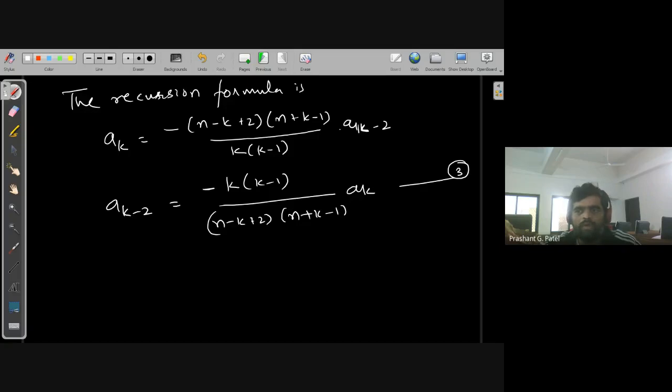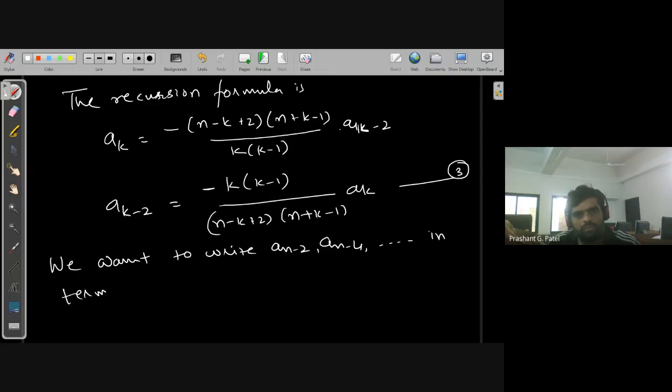Now what is our objective? Our objective is to write down an minus 2, an minus 4, an minus 6, all of them in terms of an. That is our objective. So we want to write an minus 2, an minus 4 and so on in terms of an.